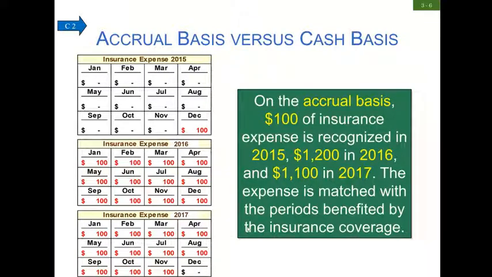So accrual basis allocates the insurance based on the use. The company will benefit from the insurance for 3 years: in 2015 1 month, in 2016 12 months, and in 2017 11 months.